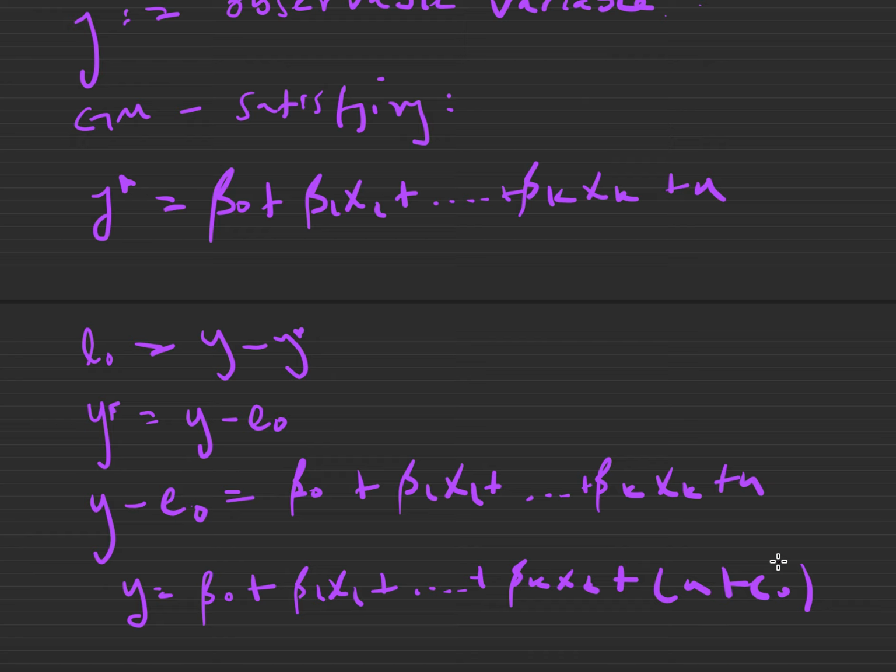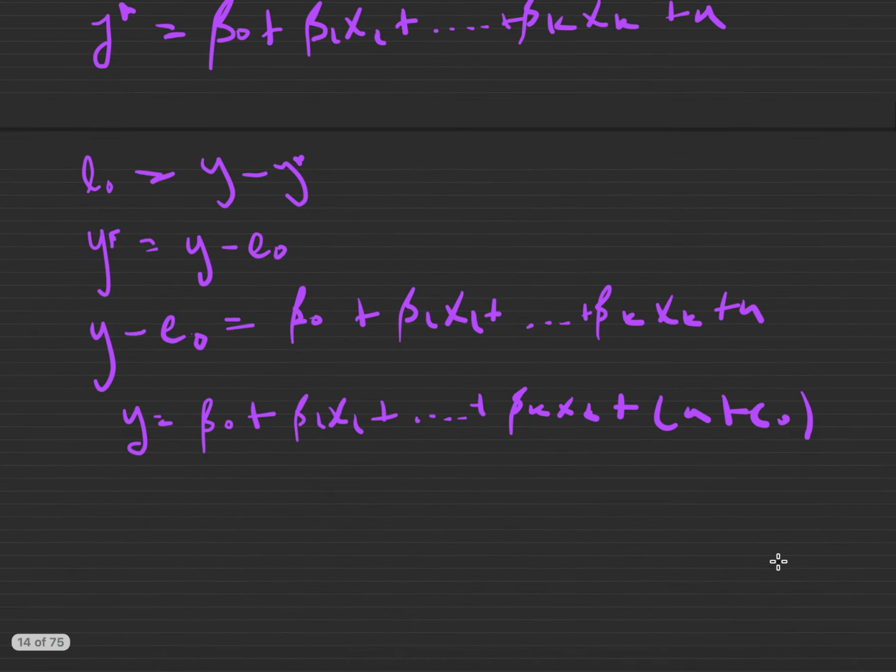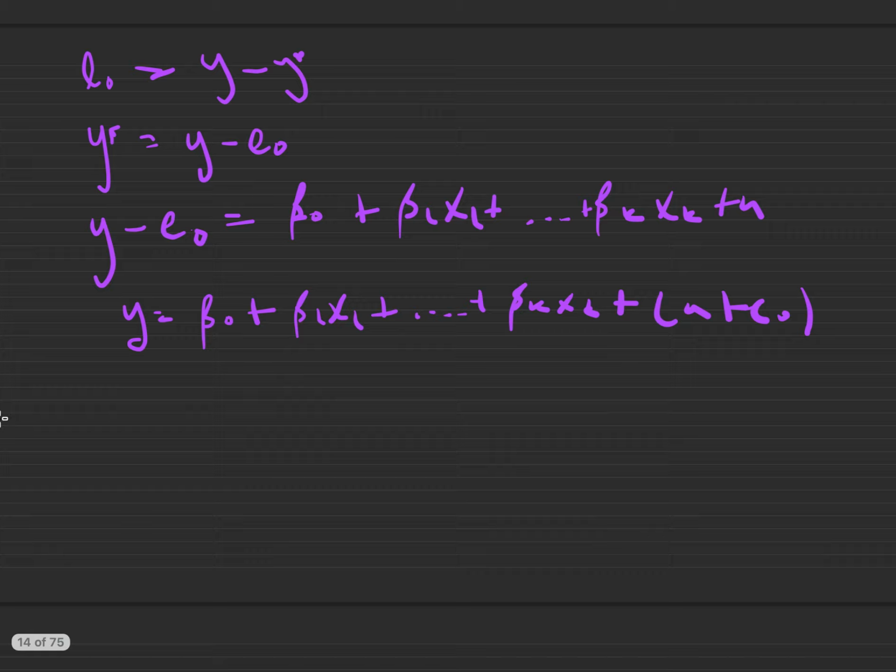And we already have that u has zero mean and is uncorrelated with the explanatory variables because we said that the population regression function satisfies the Gauss-Markov assumptions. We can assume that the expected value of e0 is 0, so it has zero mean, and is uncorrelated with the explanatory variables.